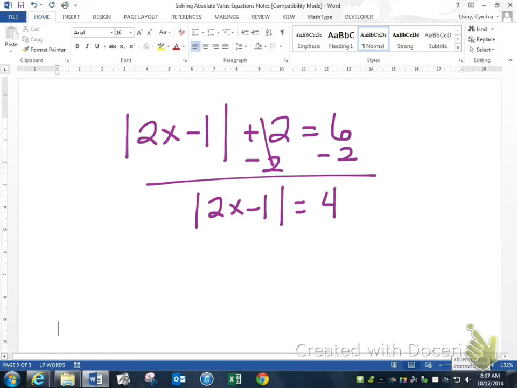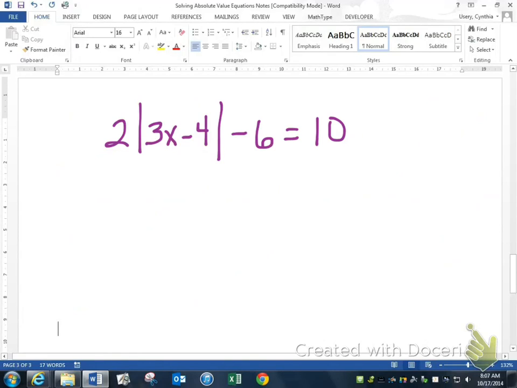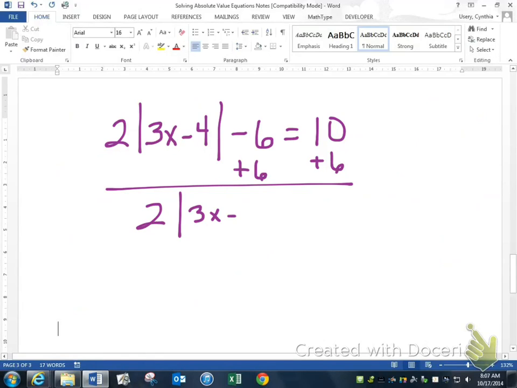Here's another example. If you have, say, 2 times the absolute value of 3x minus 4 minus 6 equals 10, okay, we're going to get the absolute value symbol by itself. So the first thing you do would be add 6, and then you'd have 2 times the absolute value of 3x minus 4 equals 16.